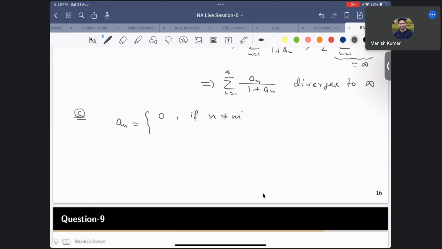If it is a square, that means n is 1 or 4 or 9, so n is 1 square, 2 square, 3 square, 4 square, in that situation you put a_n equal to m square. So basically you put a_n equal to n if n is equal to m square for some m belonging to the natural numbers.